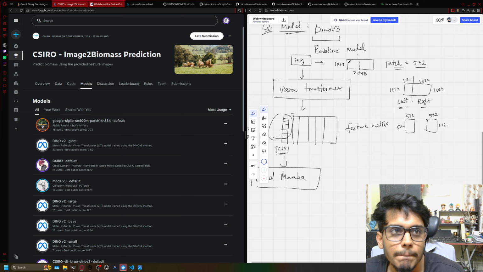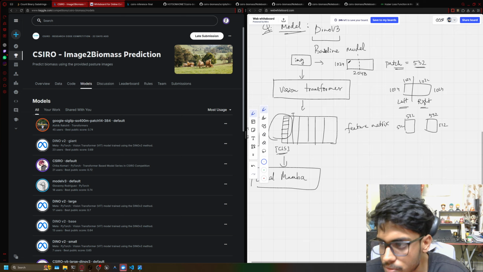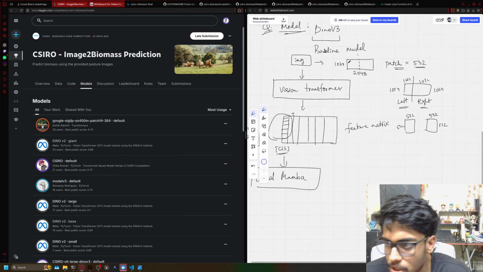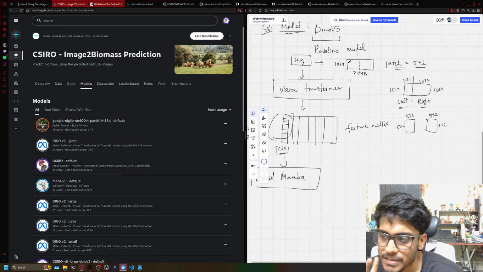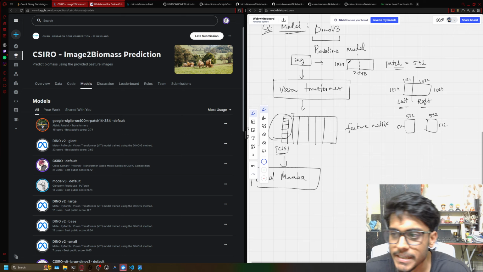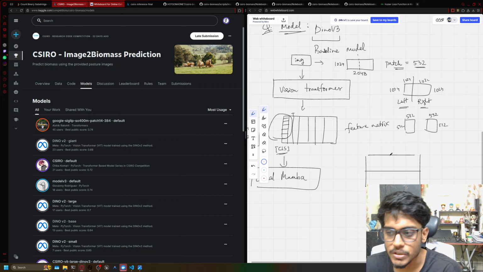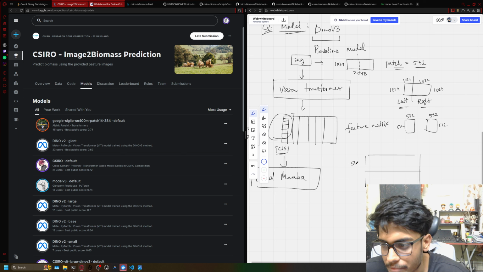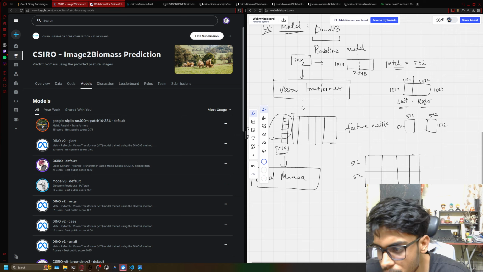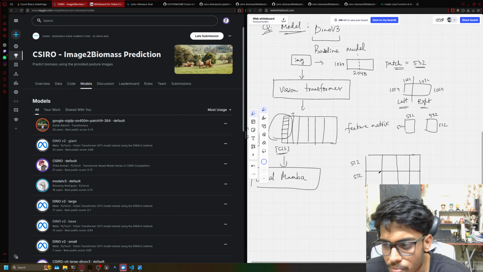One important note is that I have not just divided into two halves. I have also experimented with dividing the whole image into 8 parts. The key idea was if you divide it horizontally also, this will become 512, and if you divide it 4 times, your 2048 total will get divided into four 512 values.